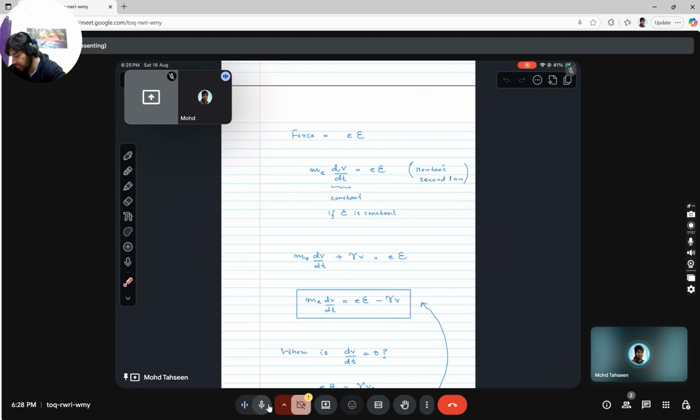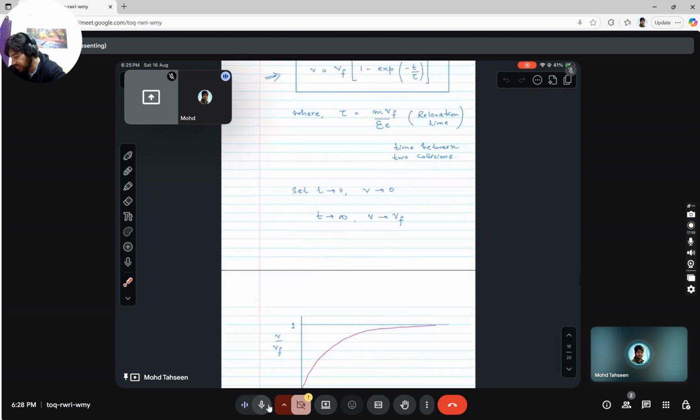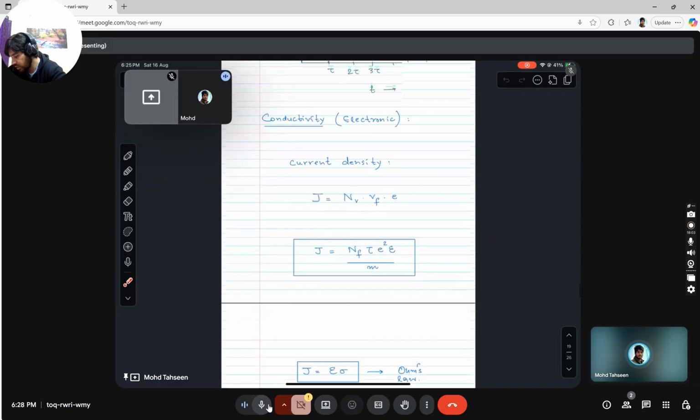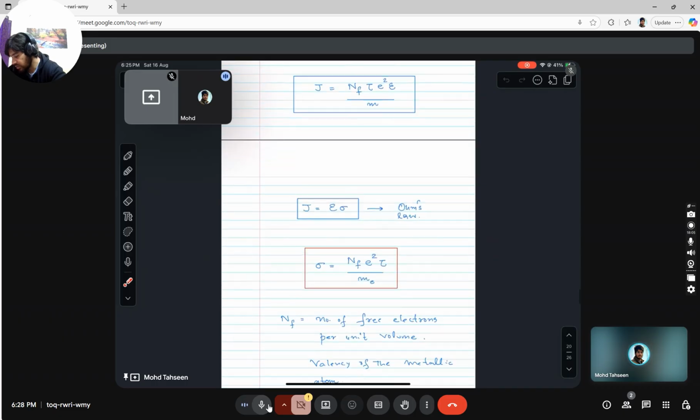This sigma conductivity is given by this expression here, right? Nf is the number of free electrons per unit volume, e is the charge on the electron, tau is the relaxation time, which is the average time between two successive collisions, and m is the mass of the electron.